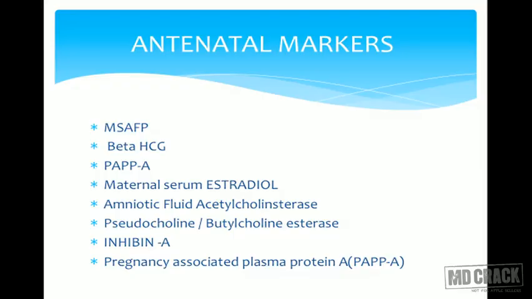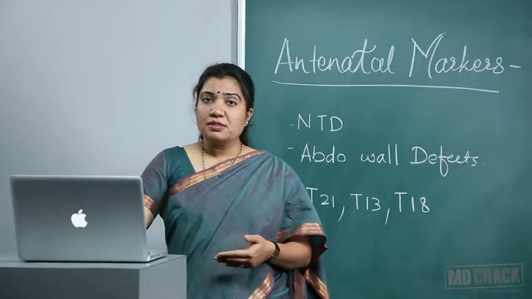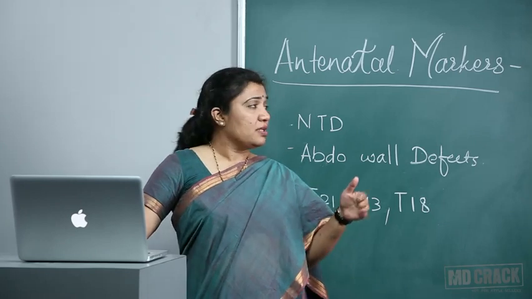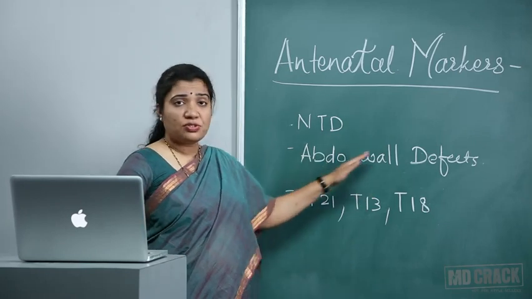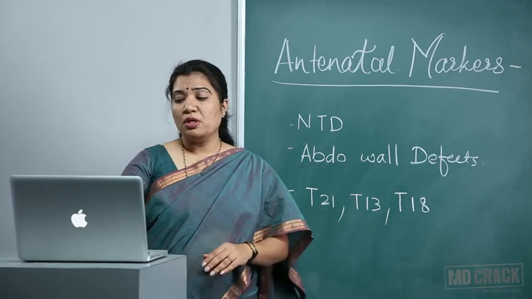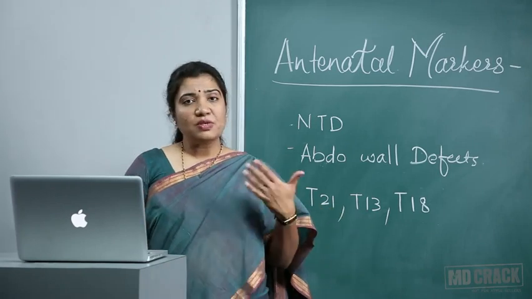Then beta HCG, PAPP-A, maternal serum estradiol levels, amniotic fluid acetylcholinesterase, pseudocholinesterase or butyrylcholinesterase, inhibin A. All these are very important markers which will tell us whether there are common structural or chromosomal defects. Now let's see one by one.